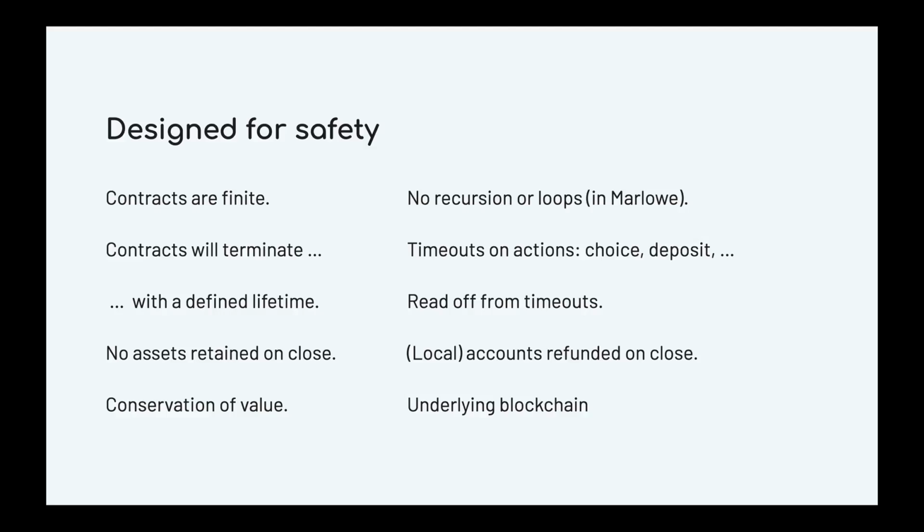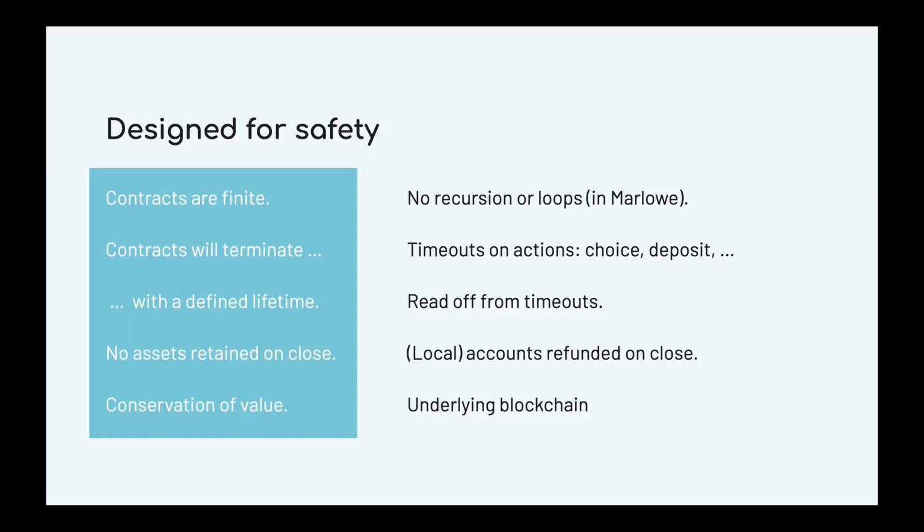Okay, so that's giving us a whole lot of guarantees just out of the box. And these are not guarantees that there are for Plutus contracts in general. In general, a Plutus contract could go on forever, it need not terminate, and it could terminate with having control of a whole collection of assets which then become unreachable.